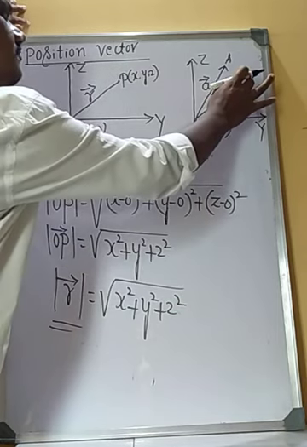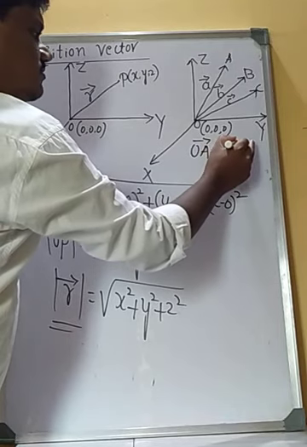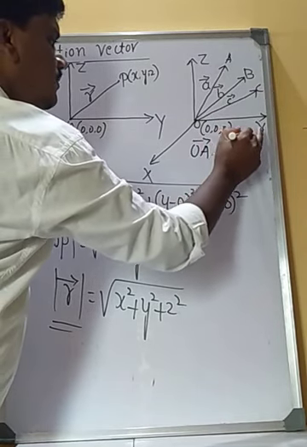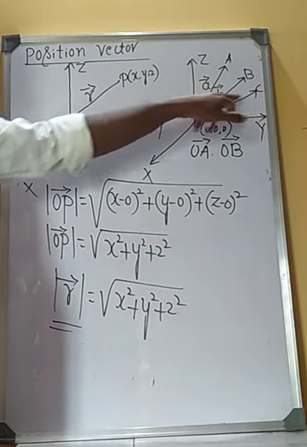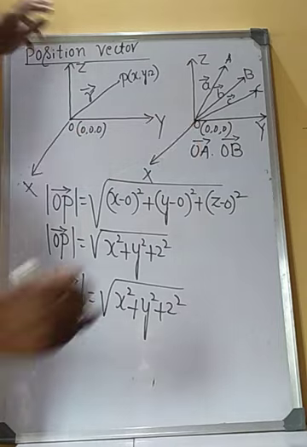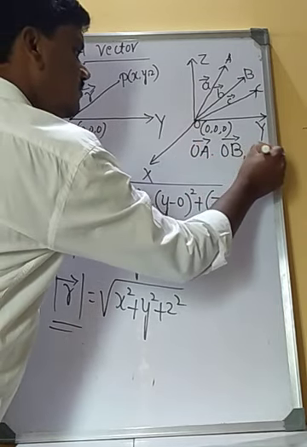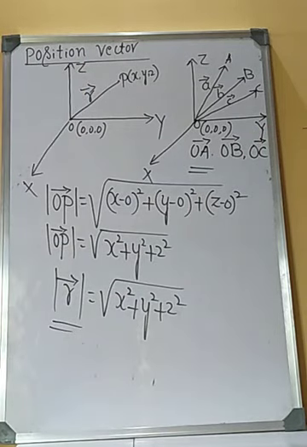The point B with respect to origin O is the position vector OB, and the point C with respect to the origin O is the position vector OC.